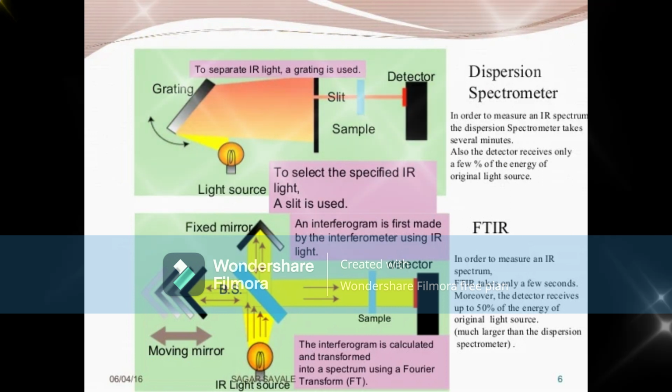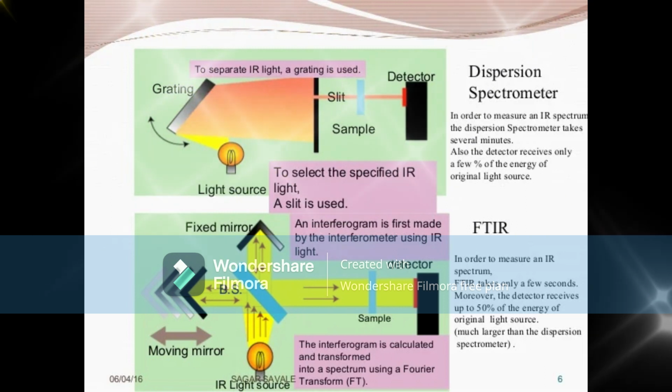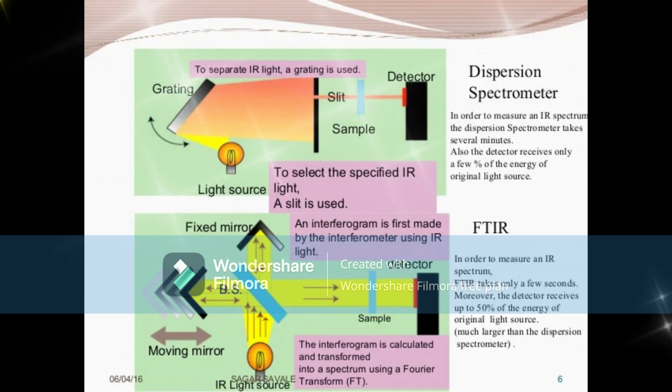With a dispersive spectrometer, in order to measure an IR spectrum, it takes several minutes. Also, the detector receives only a few percent of the energy of the original light source.